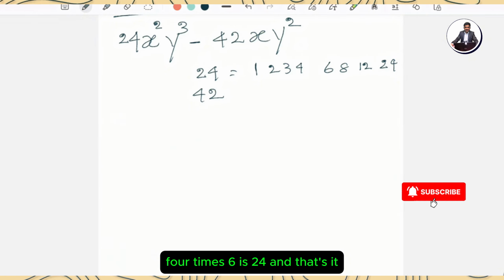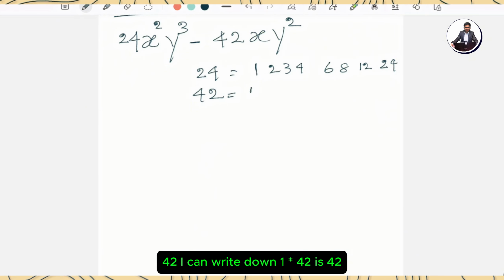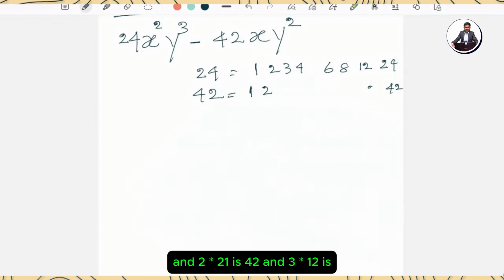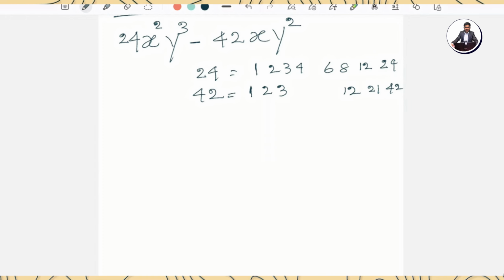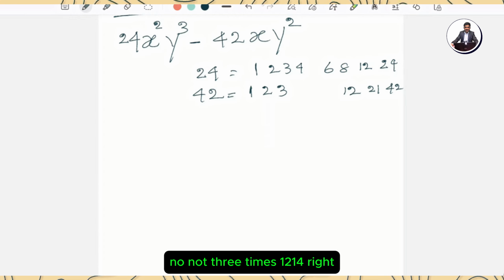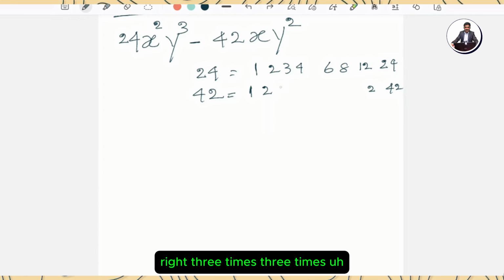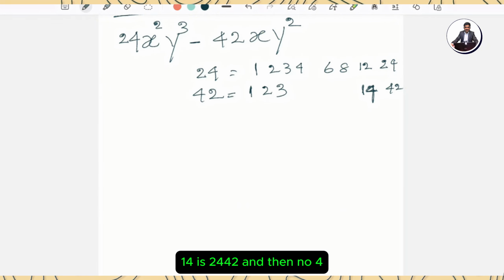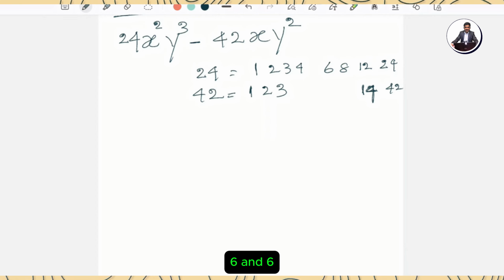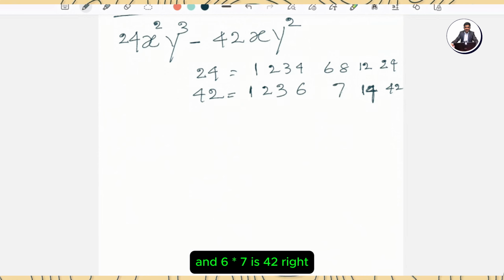For 42, 1 times 42 is 42, 2 times 21 is 42, 3 times 14 is 42, and 6 times 7 is 42.